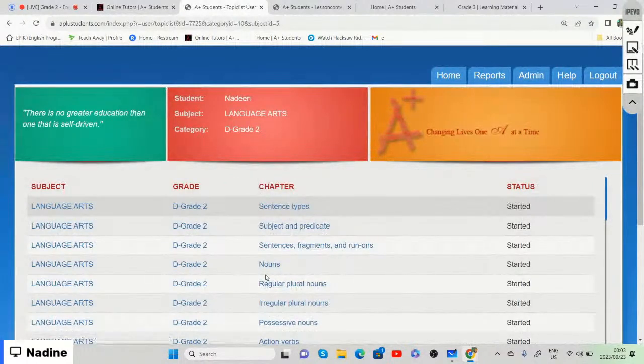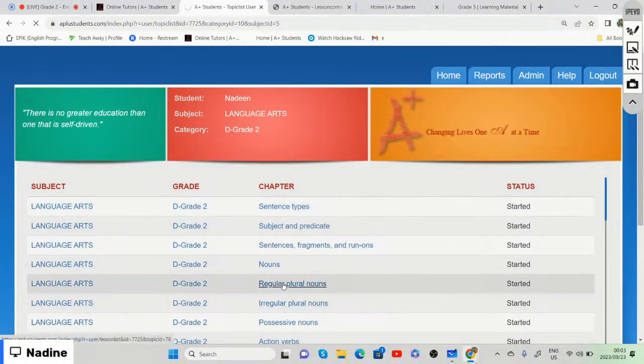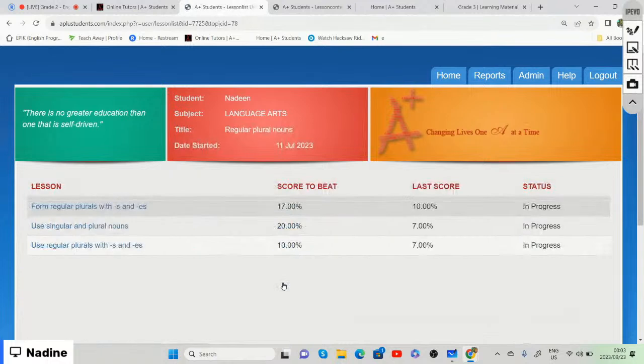Okay, so once you have selected the subject of language arts, grade 2, then we're going to scroll down until we get the chapter of regular plural nouns. All right.